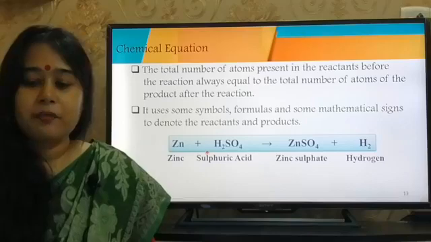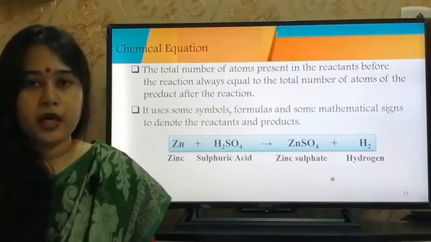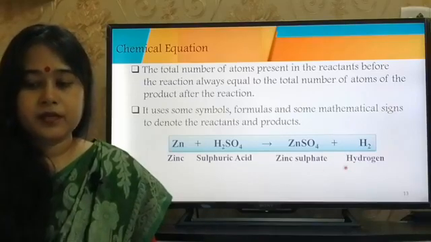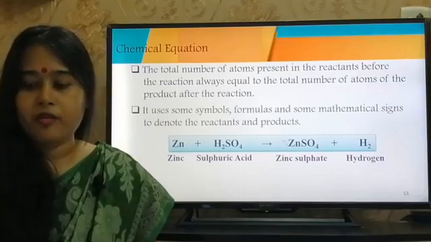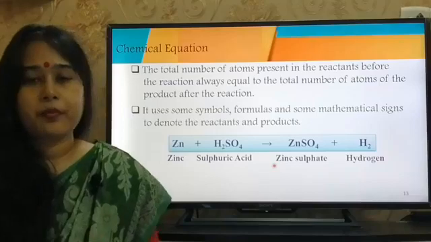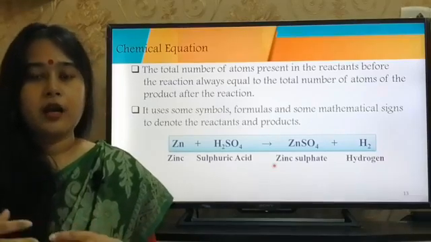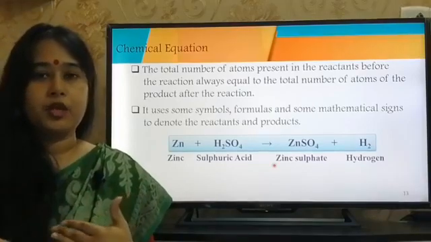Here you can see a plus sign is used in the reactant part as well as in the product side in this chemical equation. And here we have also used an arrow sign from reactants to products, showing that our chemical equation is going from reactants to the product side.